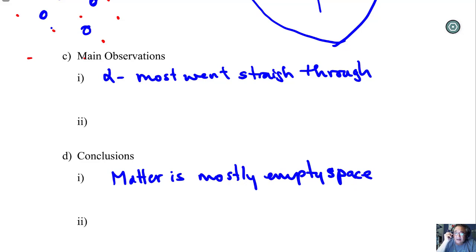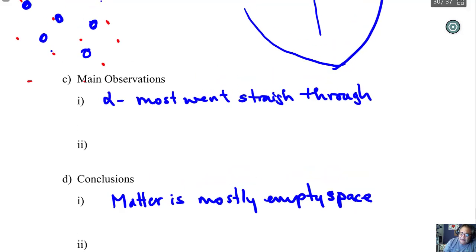Let that sink in, because you're looking at this on your computer. Roughly 0.1% of that computer that you're looking at is actually solid. That's the first weird thing.